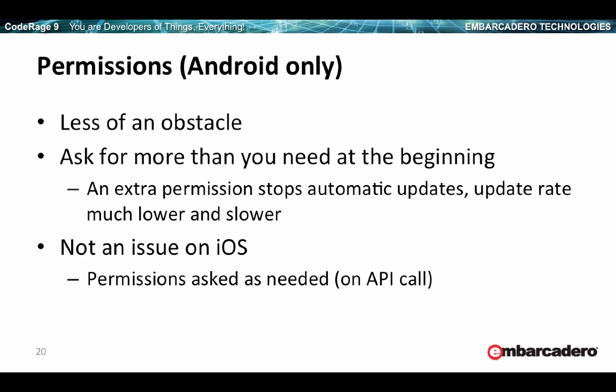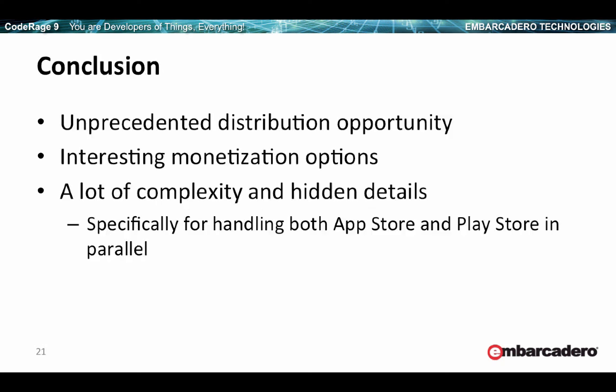This is not an issue on iOS, because on iOS permissions are asked as needed. So when you do the API call, you get the permission request, and it's not an upfront requirement of the application. So it's a completely different scenario. But on Android, changing the permissions or asking for more permissions is something that will slow down the update rate very significantly.